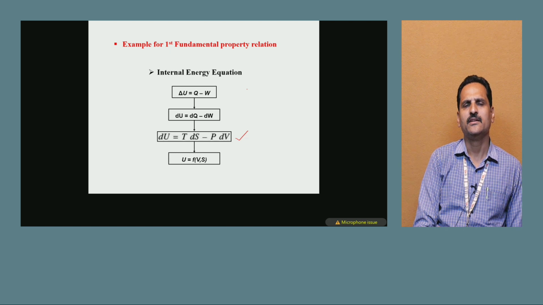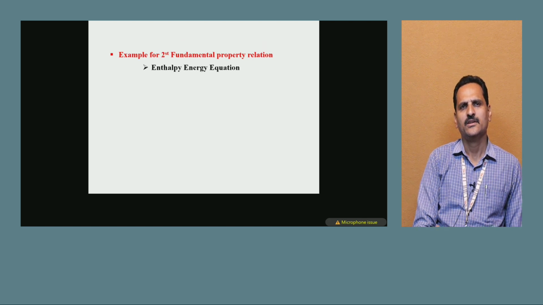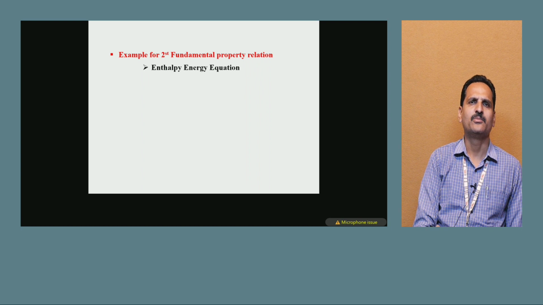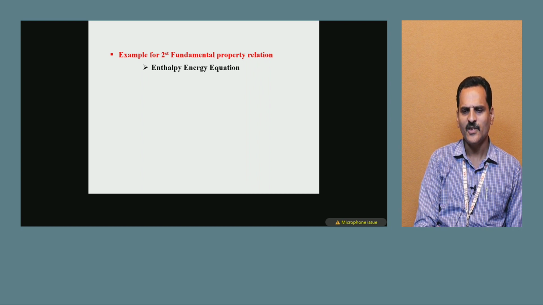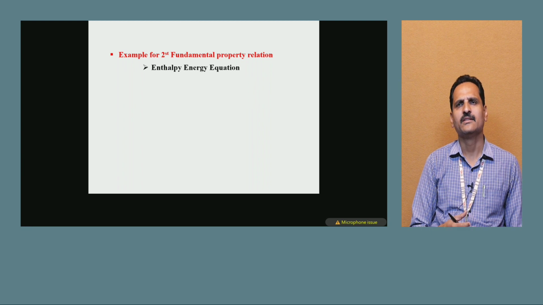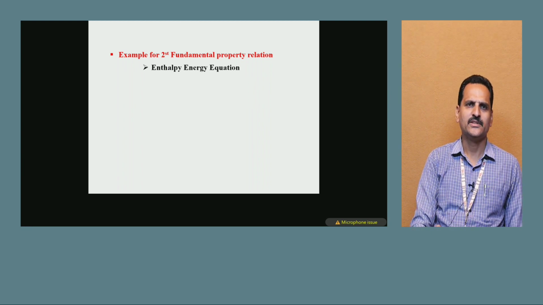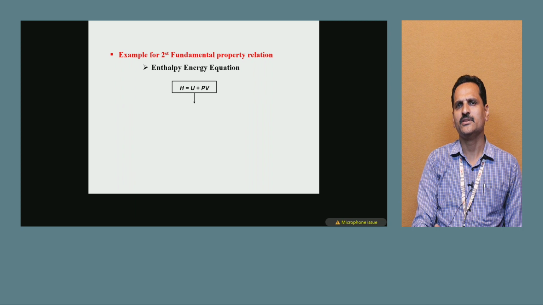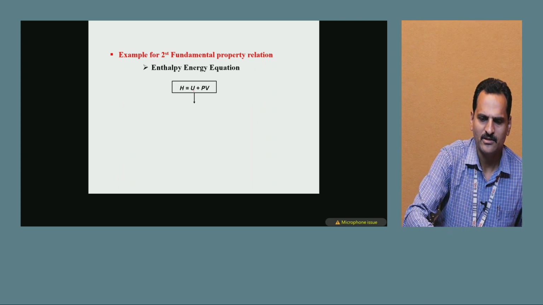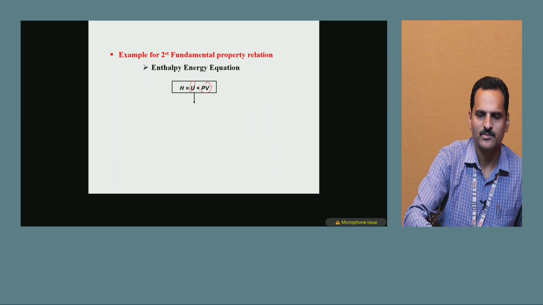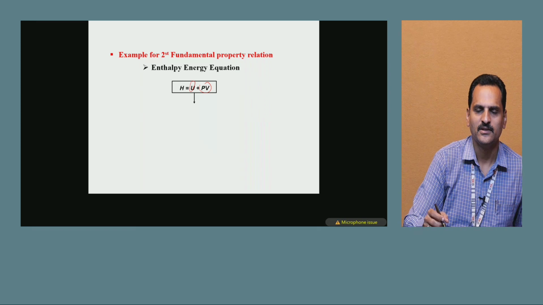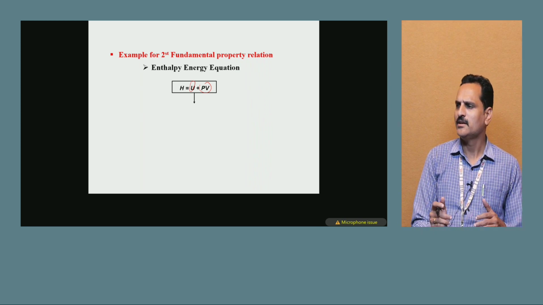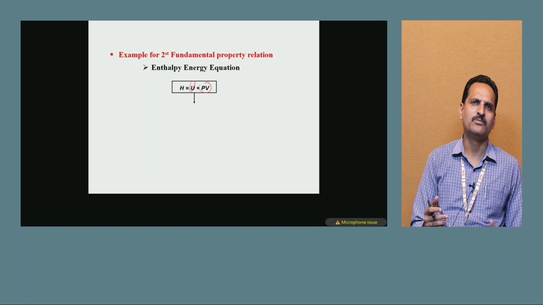In the same way, let's see the second fundamental property equation. So what is the second fundamental property equation? Enthalpy. So let's start with the enthalpy equation. What we discussed in the previous classes, the definition of enthalpy, is the sum of internal energy and the amount of work done on the system or by the system, that is the product of P and V. Simply, enthalpy means the total heat content of the thermodynamic system.